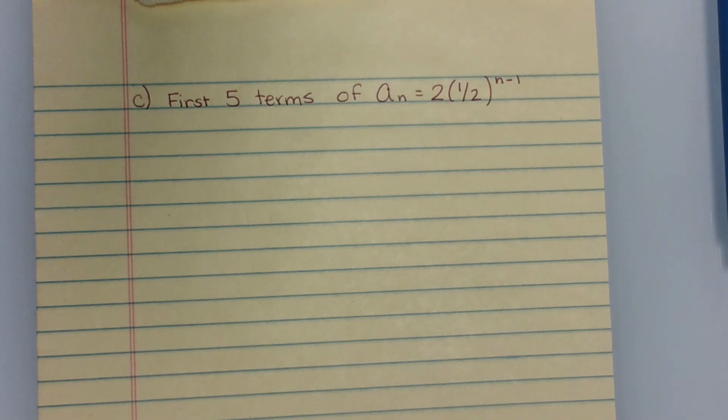Many of y'all overthought this on the quiz. If I'm looking for the first 5 terms, what do I call them? A sub 1, A sub 2, A sub 3, A sub 4, A sub 5. Sound right?